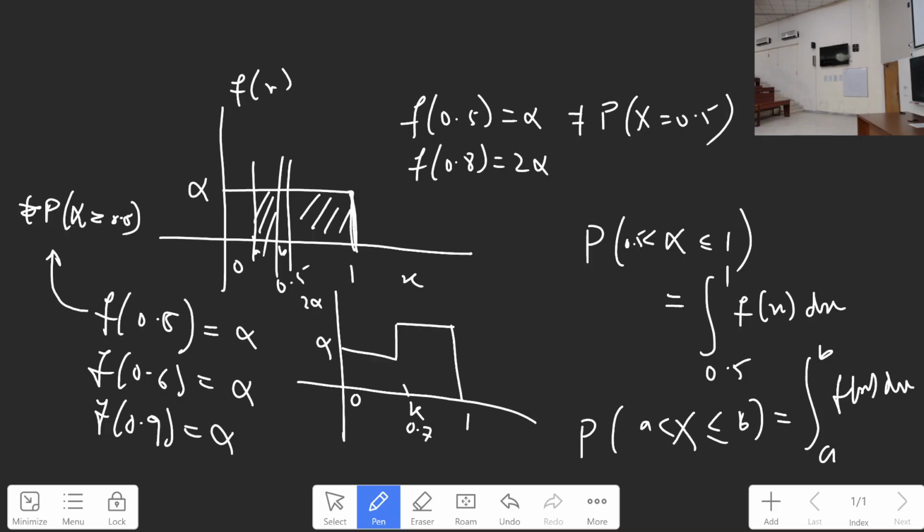Okay, and this will help us define something useful, let's write that for the cumulative one.